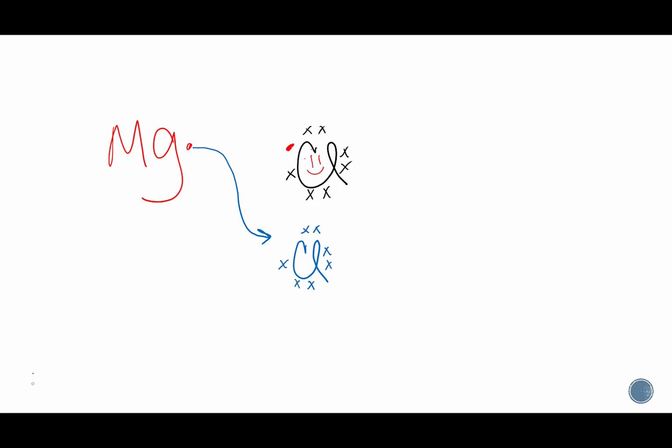This chlorine, of course, is like, yeah, I'd love to have that electron. That'll fill my valence shell. So he goes floating off with that electron, and he is happy. And now our magnesium over here has given his 2 electrons away. He has gone down in energy level, and he is now stable, satisfied, because that energy level is full.